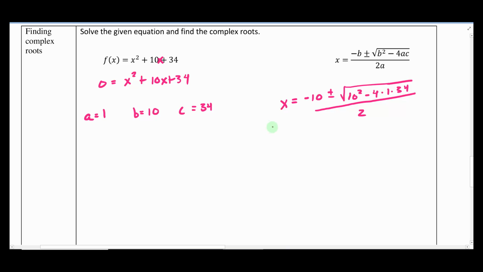Now I just got to go through and find one easy thing to do and just keep simplifying this thing until I run out of easy things to do. So we're going to say x equals -10 plus or minus, and then I'm looking inside the square root. 10 squared is easy, that's 100. And then 4 times 1 times 34. I got to pull out my calculator.